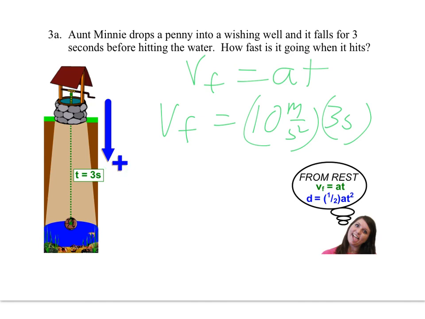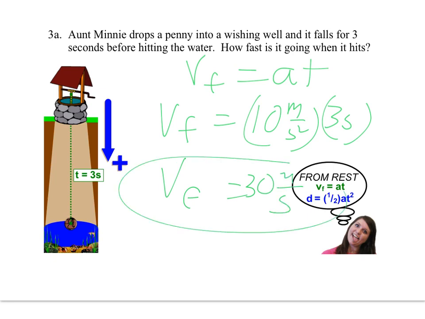So now I'm plugging in gravity as a positive value, because we're told to use down is positive. If it tells us to use it, we've got to use it. So VF is equal to 10 meters per second squared times 3 seconds. That is just 30 meters per second.